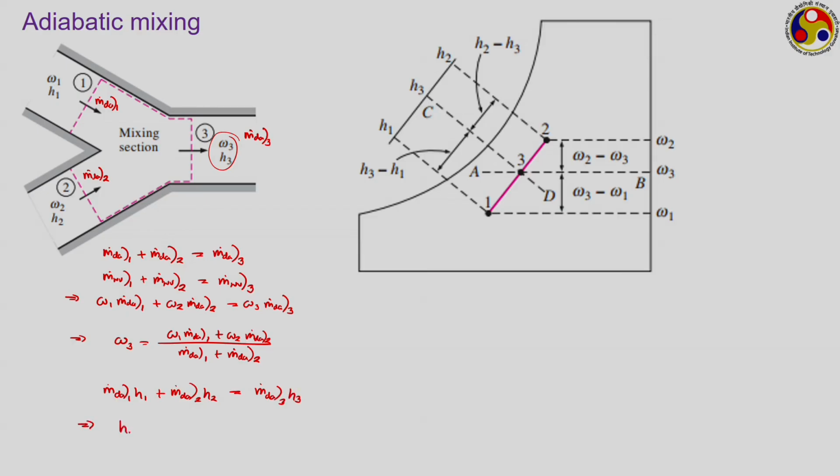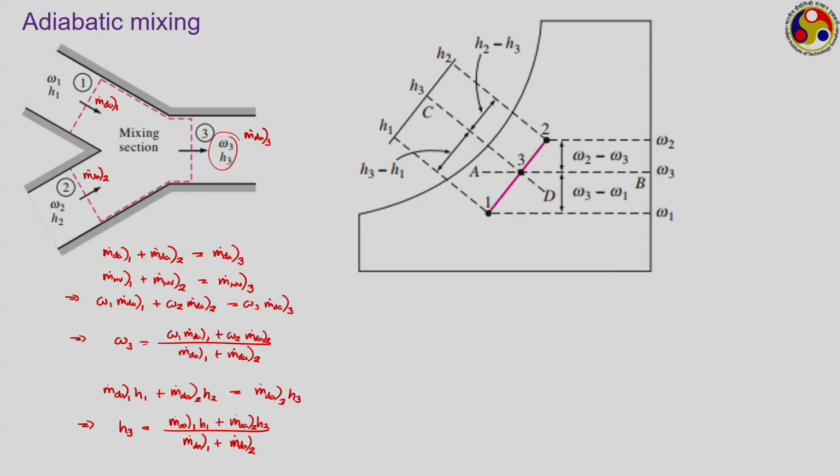From where we can write the enthalpy for the final mixture to be equal to m dot dry air 1 H 1 plus m dot dry air 2 H 2 by m dot dry air 1 plus m dot dry air 2. So, if we know the mass flow rate for the dry air part and also the properties for both the streams, we can also get the properties for the final stream.